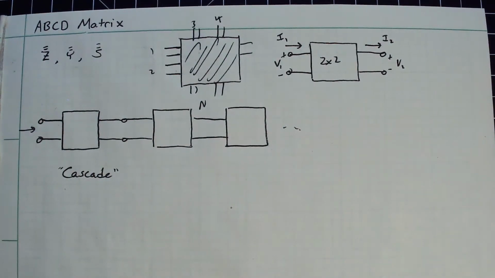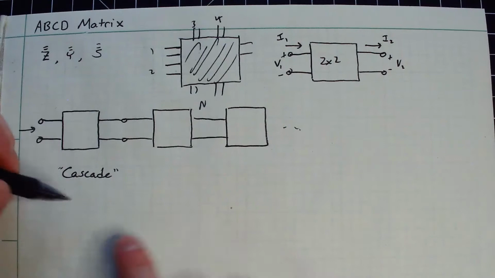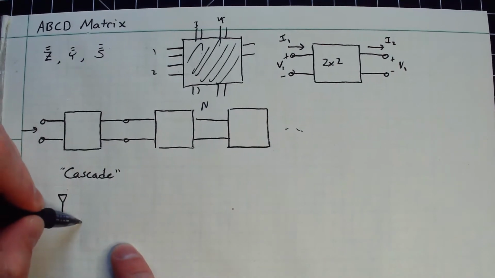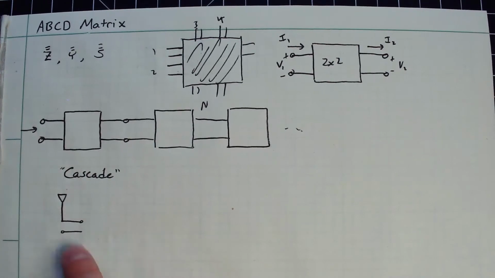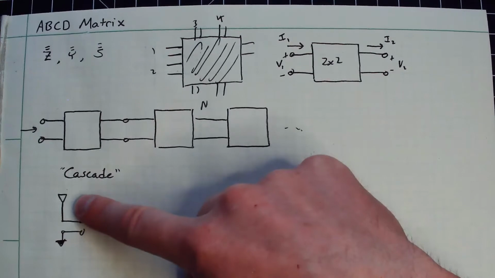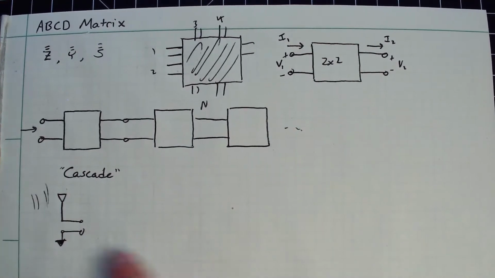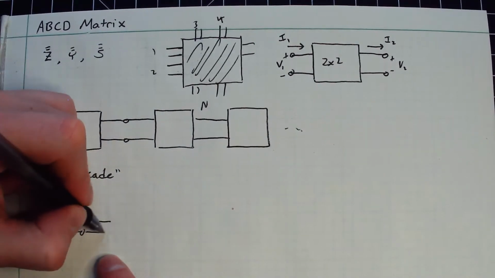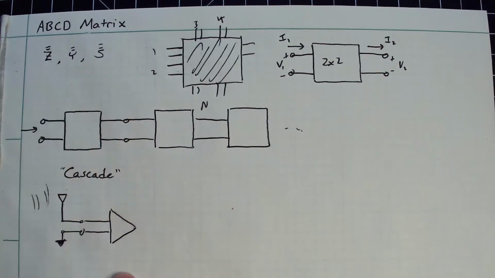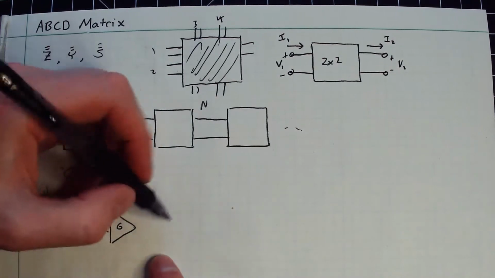So to give you a real world example, you can imagine something that might look like the following. Here's an antenna, and then it will feed into a transmission line of some particular length, like so. So you have this device here collecting energy from far away, and then there'll be a length of cable, which will probably feed into something like an amplifier here. So there'll be maybe a gain there, a low noise amplifier.